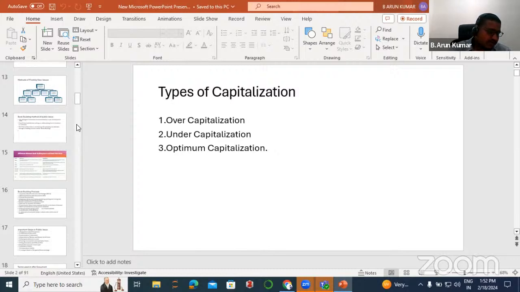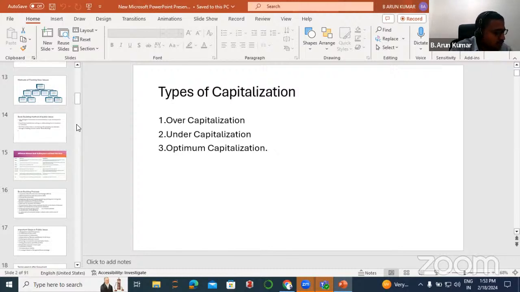Coming to the first unit, on page number 2 they give the types of finance: personal finance, public finance, and business finance. This is the main important question in unit 1. First you learn these types of finance, then study the other questions.